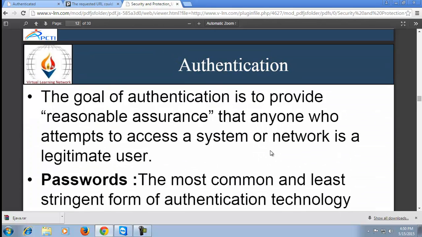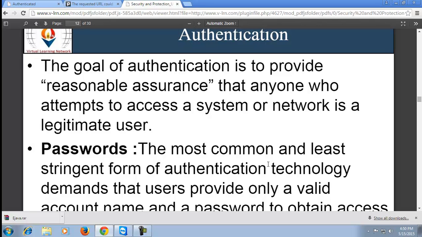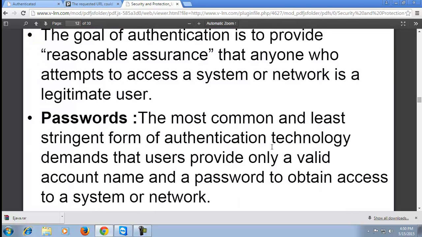Authentication. The goal of authentication is to provide reasonable assurance that anyone who attempts to access a system or network is a legitimate user, which is only permissible to authorized persons. The password, the most common and least stringent form of authentication technology, demands that users provide only a valid account name and a valid password to obtain access to a system or network.